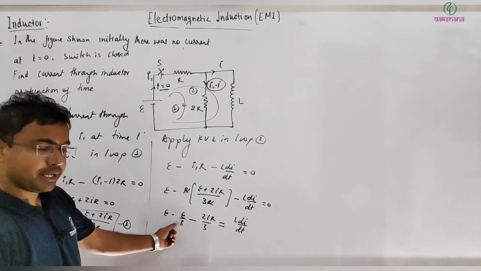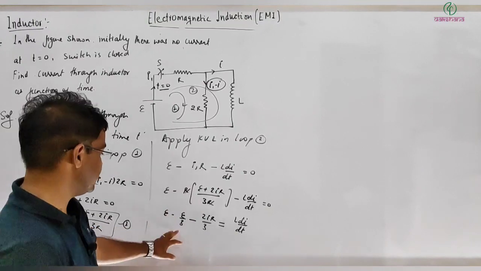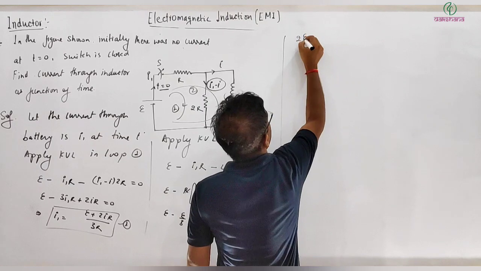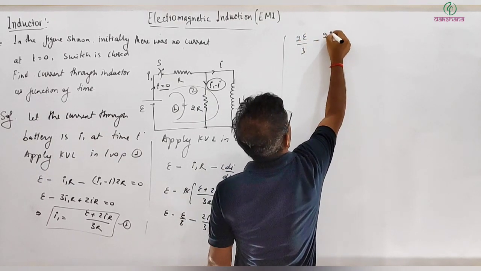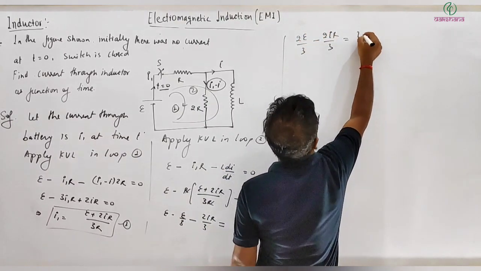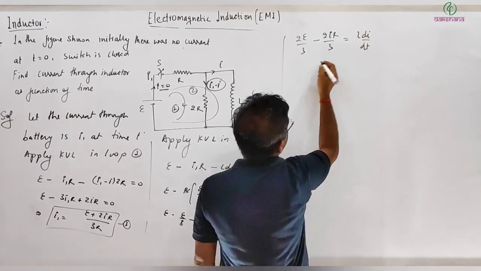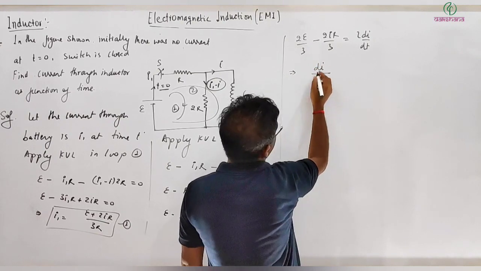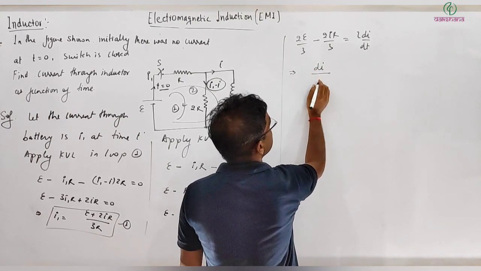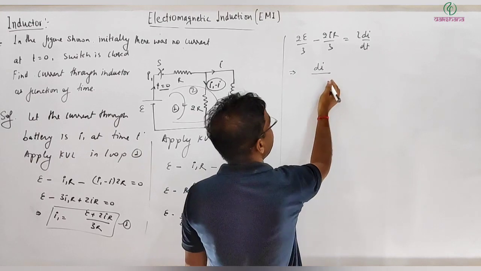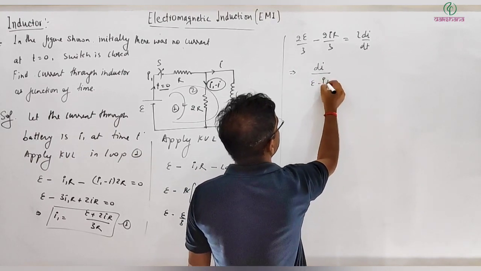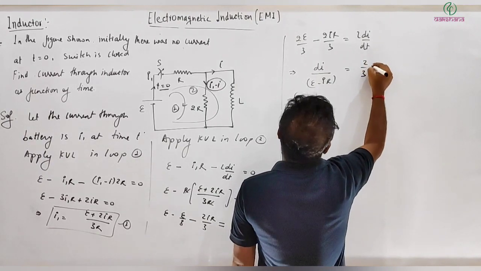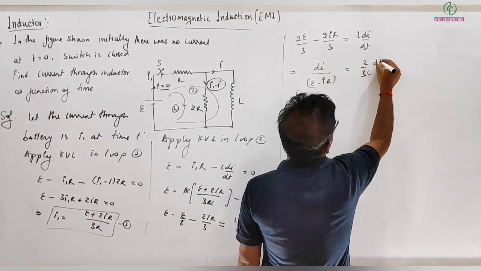This can be E minus E by 3, which will be 2E by 3, and this will be 2E by 3 minus 2IR by 3 equal to L di by dt, and this implies di by, I can take here, it's 2 by 3 outside, and it's (E minus IR) equal to 2 by 3L into dt.